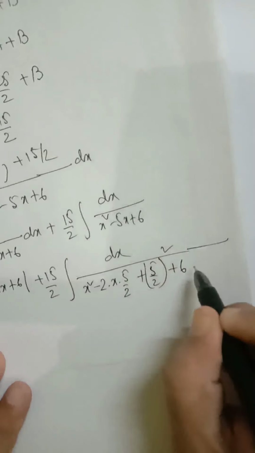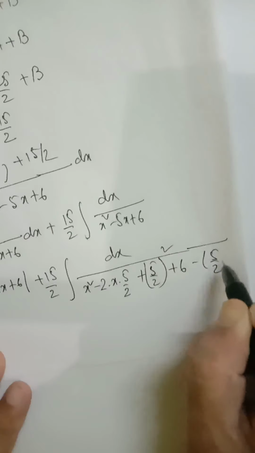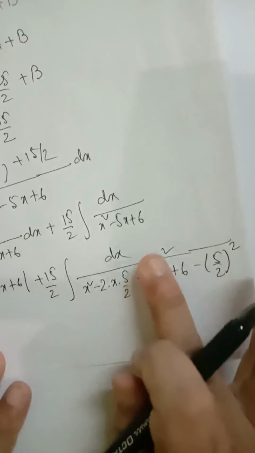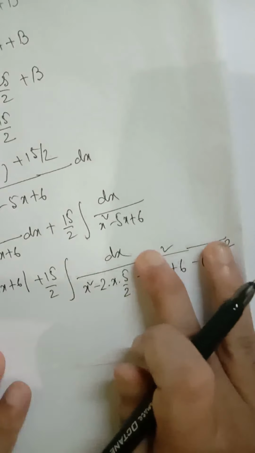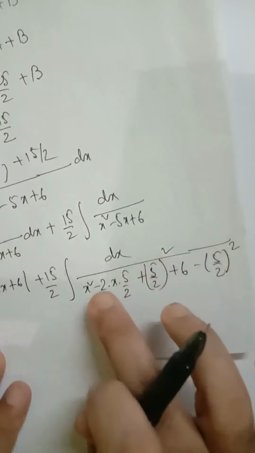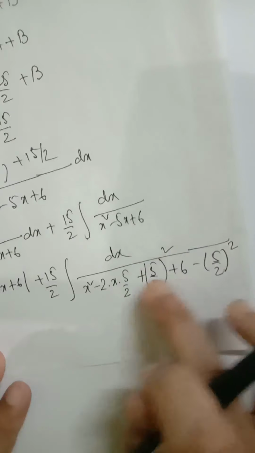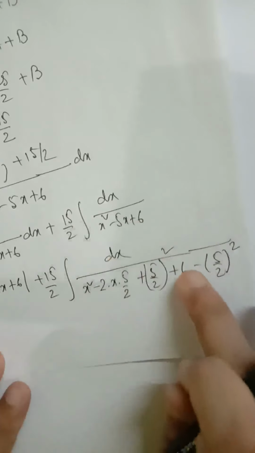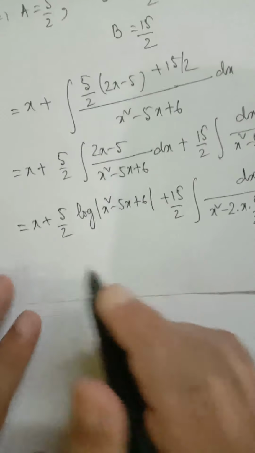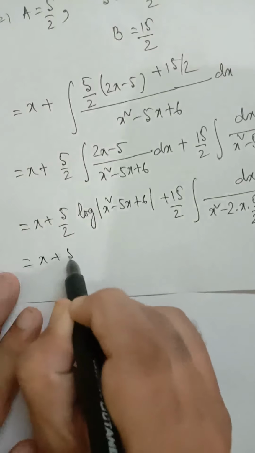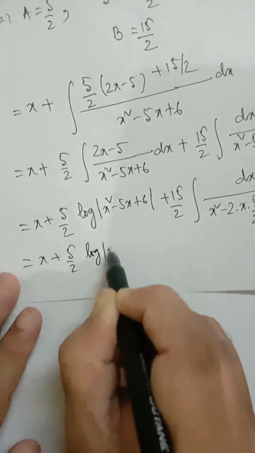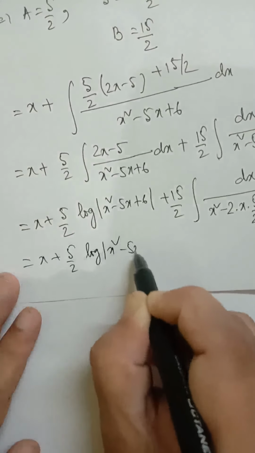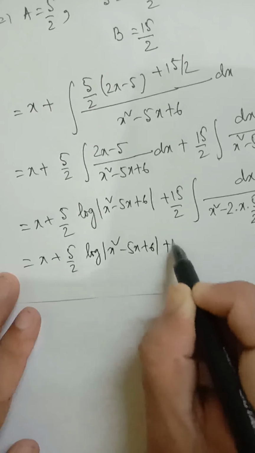For that we have to subtract 5 by 2 whole square. You can check this is plus 5 by 2 whole square, this is minus 5 by 2 whole square, these two get cancelled, and x square minus 5x, and this is 6. Okay. So x plus 5 by 2 log of x square minus 5x plus 6 plus 15 by 2.